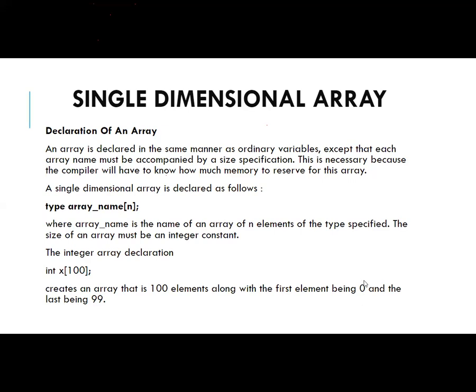Now, what do you mean by the position? Every element will be given a position starting from 0. All the index positions start from 0 up to 99. That means all the 100 elements will have some position starting from 0 to 99.